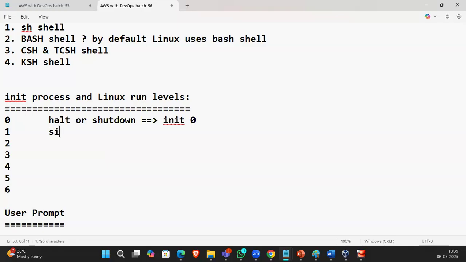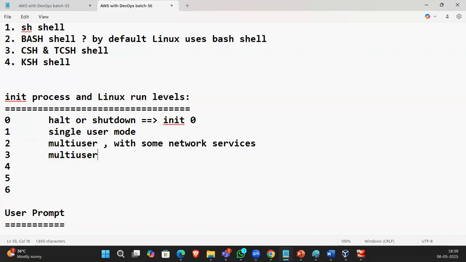Run level 1 is single user mode. Then the third one is multi-user with network services. So what is three? Multi-user with network.